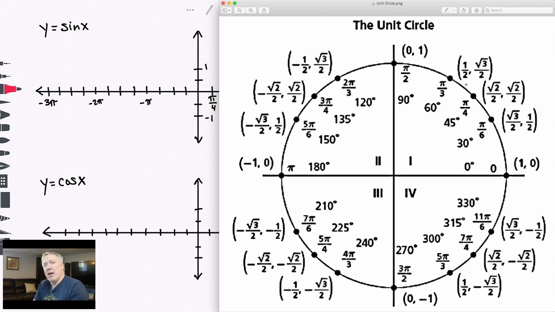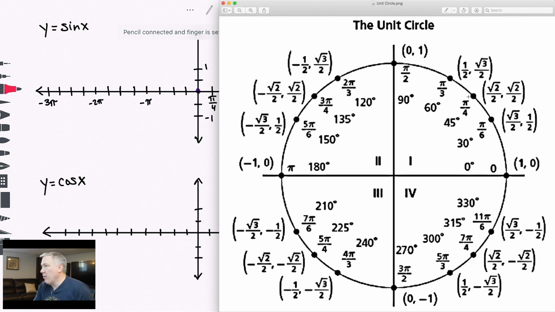And let me go ahead and plot. So what I'm going to do is take the y-coordinate at all these places and plot it. So the y-coordinate, let me change colors here. Let's go purple. The y-coordinate at 0, if I input 0 as my angle, outputs 0. So I input 0, I get 0. 0, 0 is a dot.